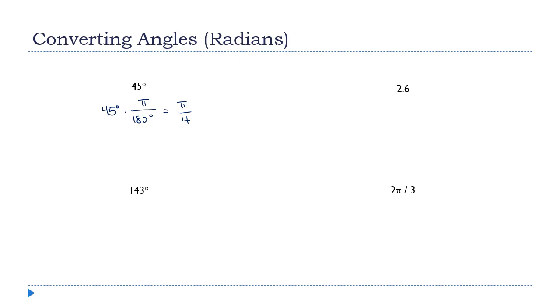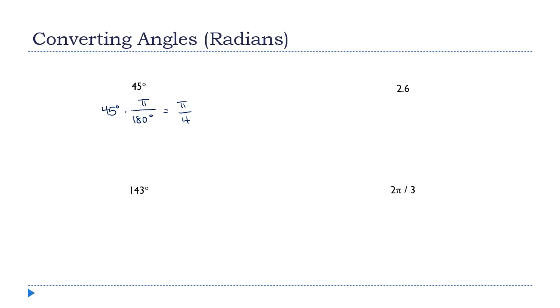They're often given as a fraction of pi. Okay, so how about 2.6? There's no degree symbol here. There's no units indicated. So I'm going to infer that that's a radian measure. And to do this conversion, I'm going to use the conversion factor the other way around.